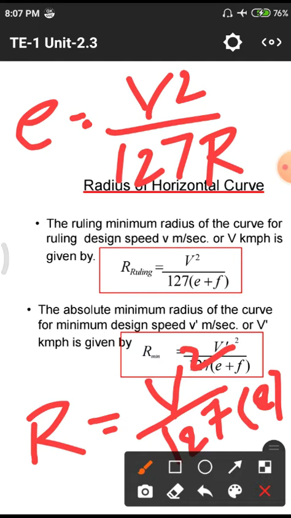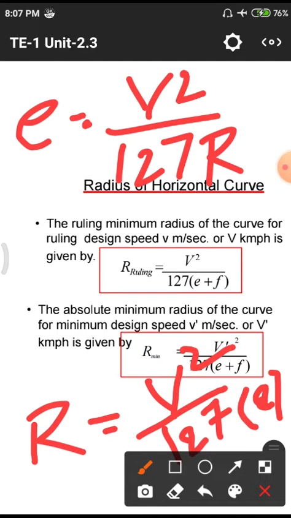Only this formula you need to remember, and the minimum and maximum values for elevation, radius and velocities are also relevant for the first chapter. We have design speeds in different ways: normally expressways, national highways, state highways, major district roads, other district roads. So we need to have two values: F equal to constant 0.15, E equal to 7 to 10%.